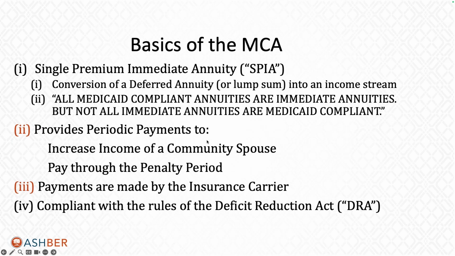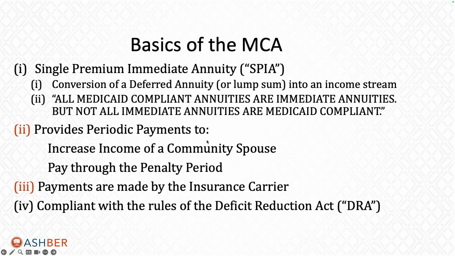I've kind of adopted that from the whole geometry class, where a square is a rectangle, but a rectangle is not always a square. So that is an important thing to know when you're dealing with existing annuities with clients. Again, that's probably a topic for another day, but something that I think is very important to illustrate when we're talking about Medicaid annuities and SPIAs.